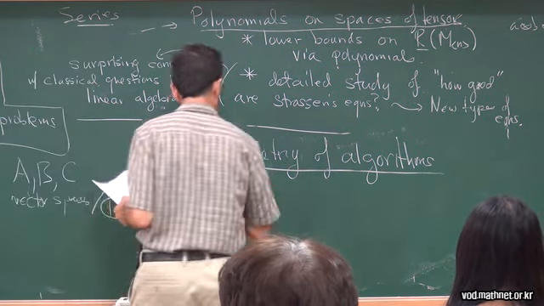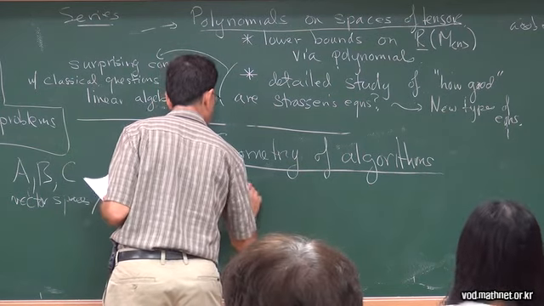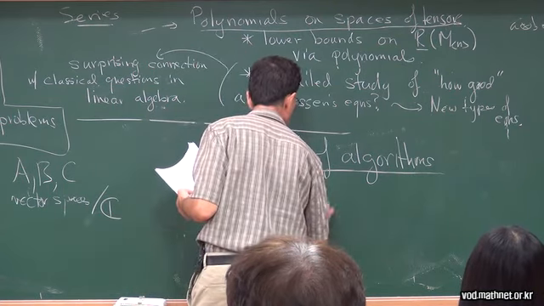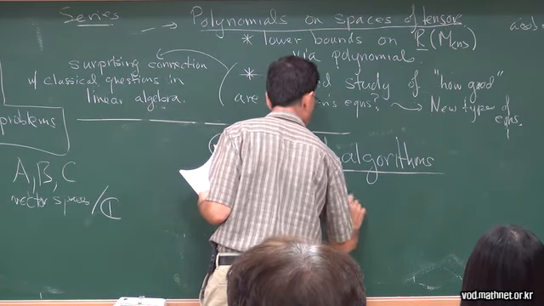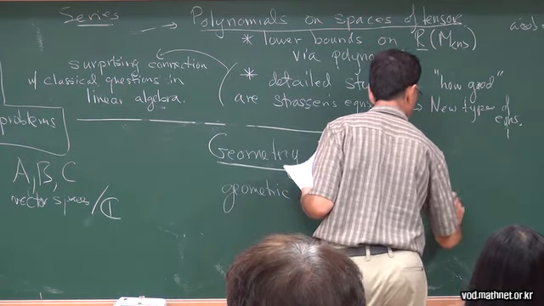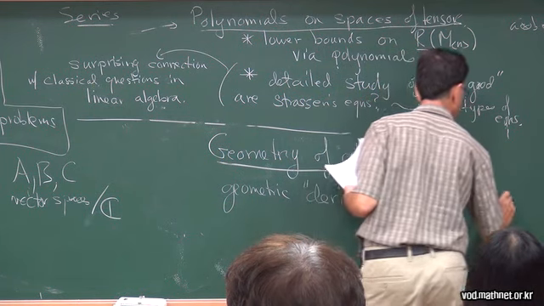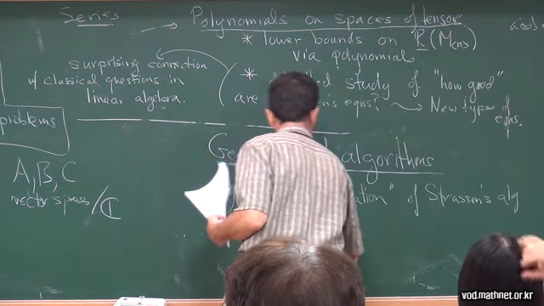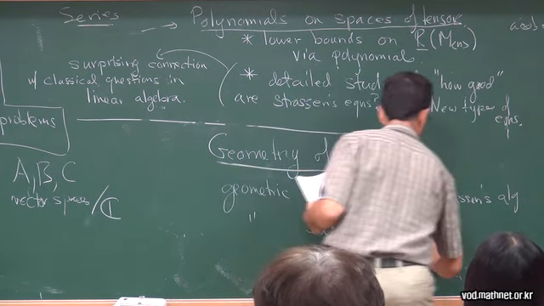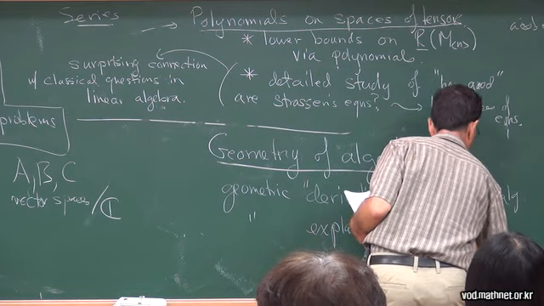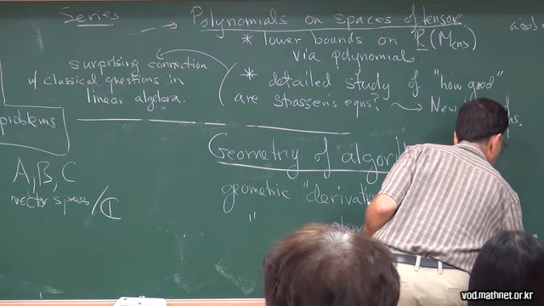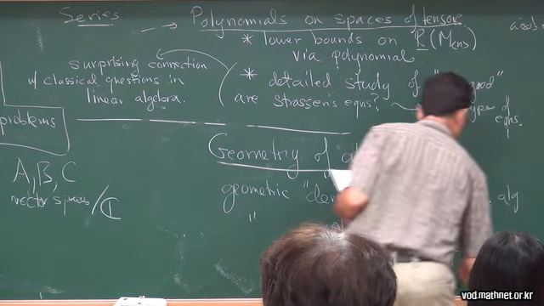And in some sense, we'll get a geometric derivation, maybe that's too strong, so let me put it in quotes, of Strassen's algorithm, and a geometric explanation, this is not in quotes, of Bini's, plus generalizations. Now, at the moment, these generalizations were also found by computer.